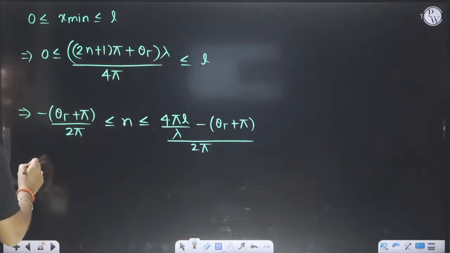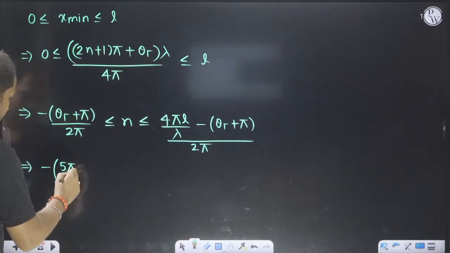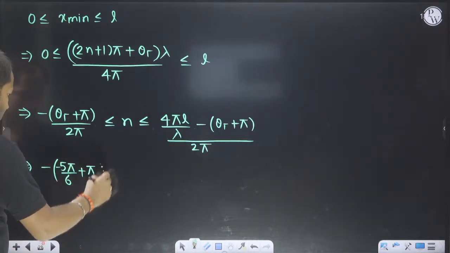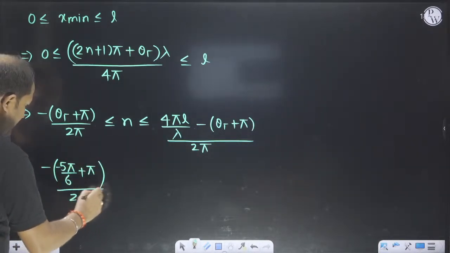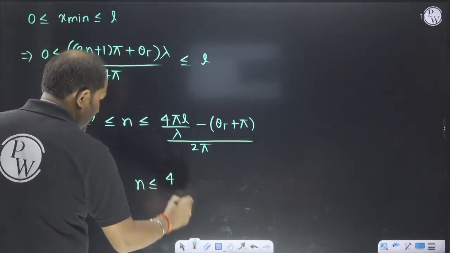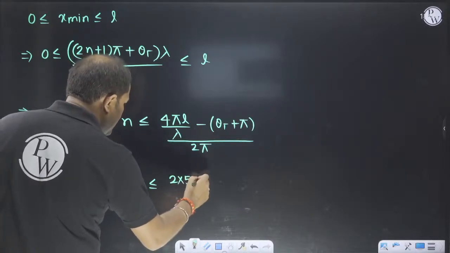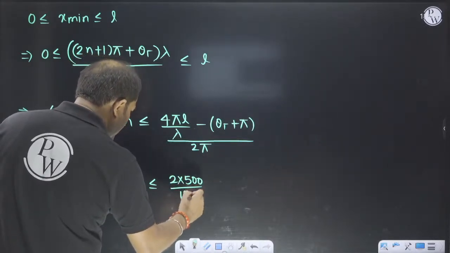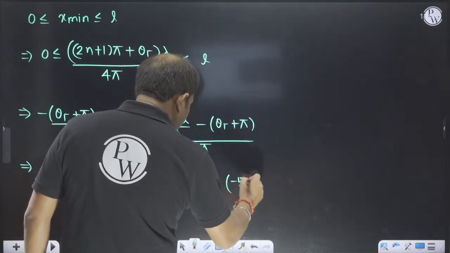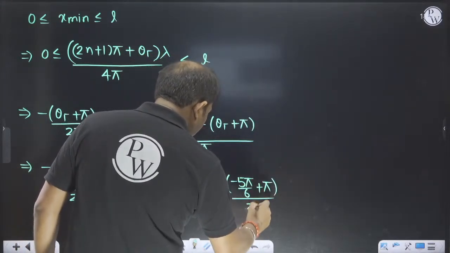I'll put θγ as 5π by 6: minus 5π by 6 plus π, divided by 2π, and 4π by L. So 2L by λ, and minus 5π by 6 plus π, divided by 2π.